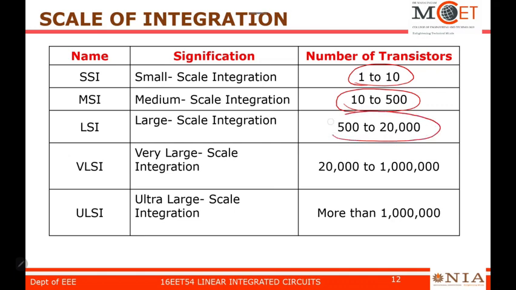In large scale, up to 20,000 transistors have been integrated. In VLSI, very large scale integration, 10 lakh or a million transistors, or even more than a million transistors. In ultra large scale integration, they are saying more than a million transistors. So now things are going beyond that, right? Not even a million, billions of transistors can be integrated.